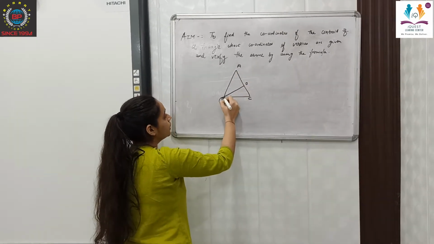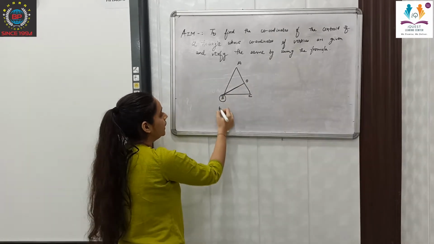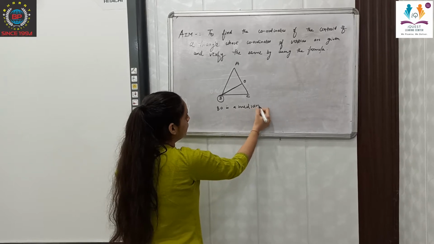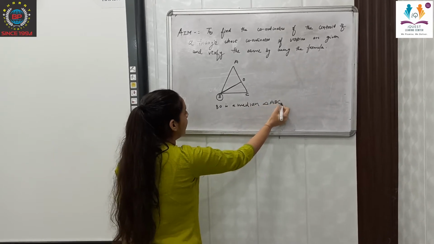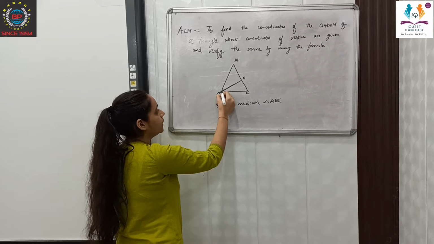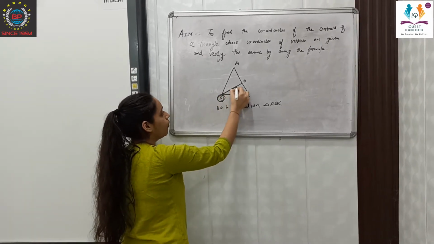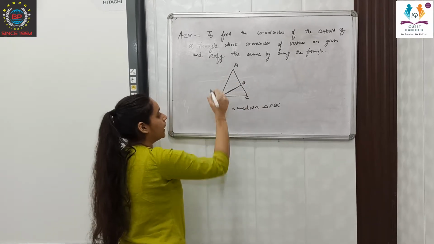That is, BO is a median of triangle ABC, as it is a line segment joining the vertex to the midpoint of the opposite side.